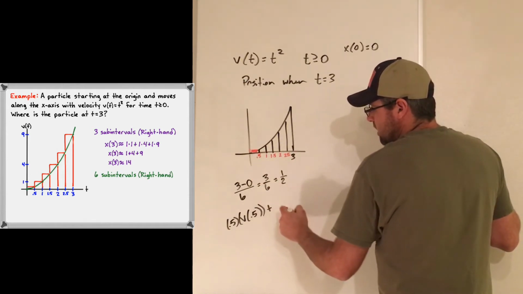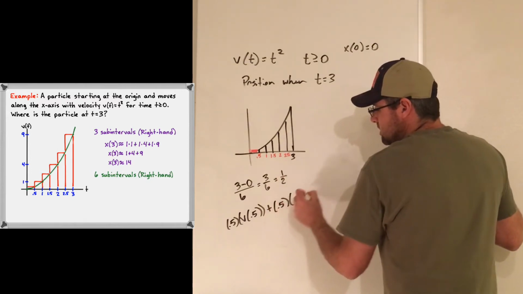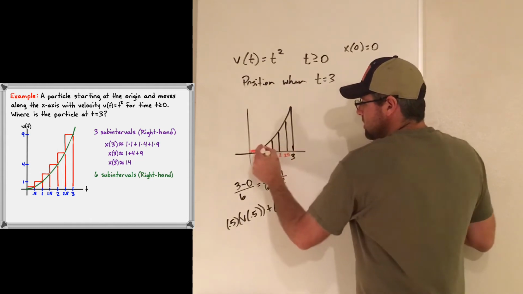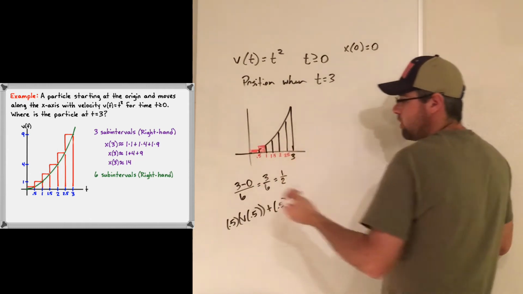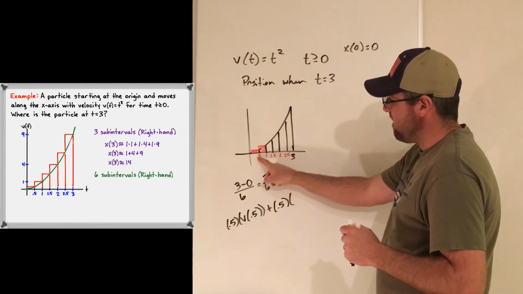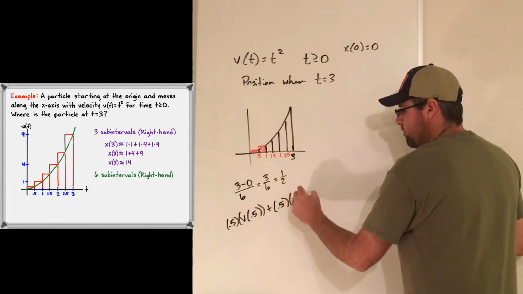The second rectangle, we'll add to that, is 0.5 wide again, times, well, what's the height? Am I going to use the 0.5 or the 1 to figure this height out? I'm going to use the 1 because I'm doing a right hand. The 1 on the right. So we're going to use v of 1.